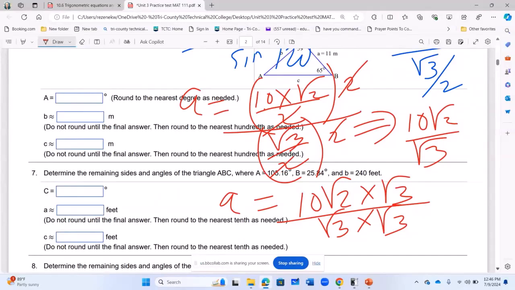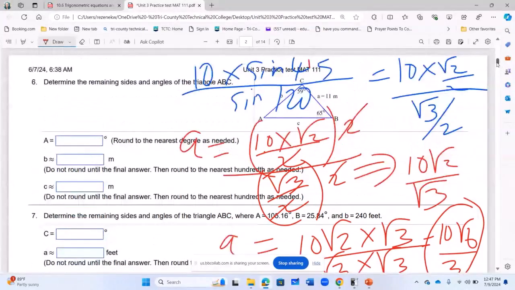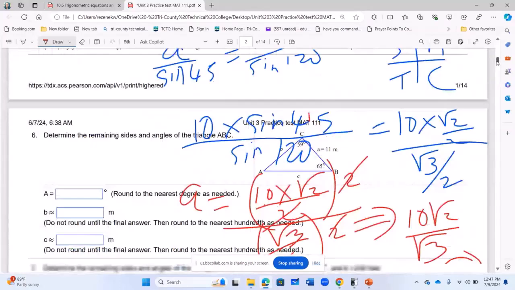All right, so I rationalize the denominator, and I have 10 root 6 over 3. And that's all I can do. I'm told to leave my answer in exact form, so that is what I can do.